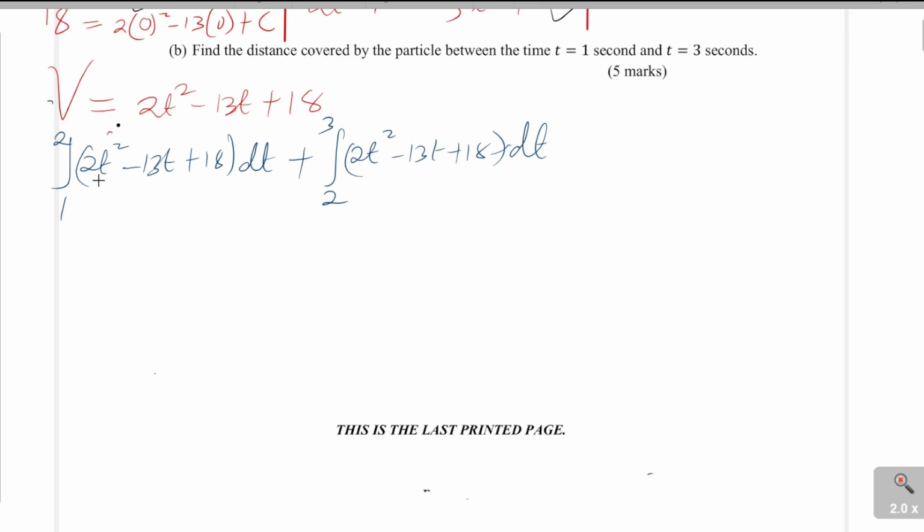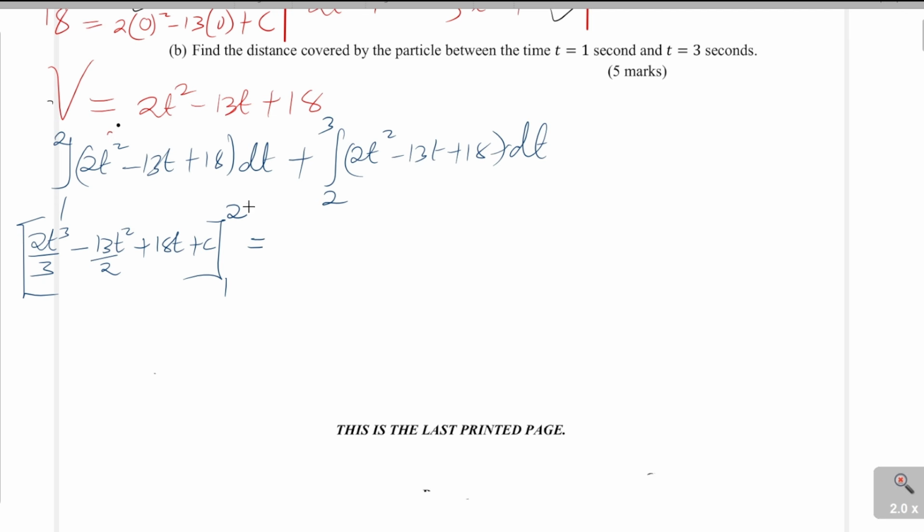So we start with this one from 1 to 2. When you integrate 2t squared minus 13t plus 18, this will give 2t cubed divided by 3 minus 13t squared divided by 2 plus 18t plus c.